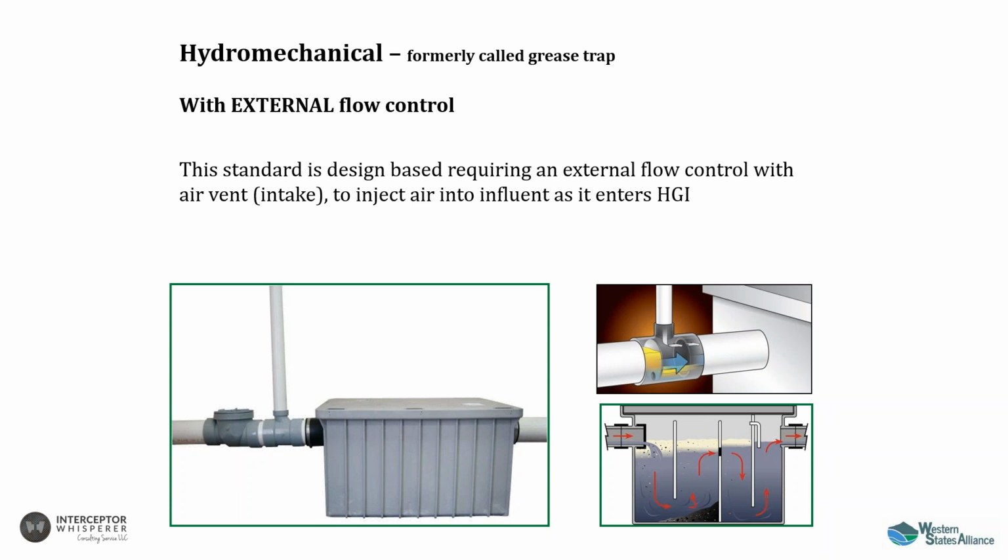What's important about that, especially for field inspectors, is if you're looking at a device tested to that standard and you see the PDI G101 label, we really need to be looking to see whether that device has the flow control installed, and not only the flow control, but a vent. For example, we've got friends in Canada who have lots of PDI labels on grease interceptors, but there's no external flow control, or if there is, there's no vent.